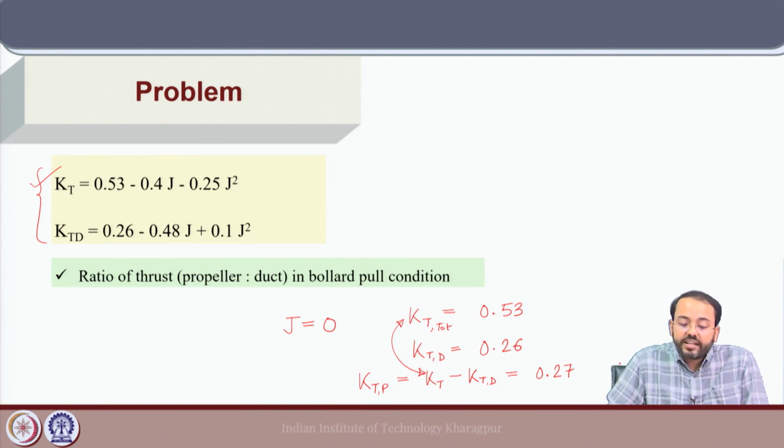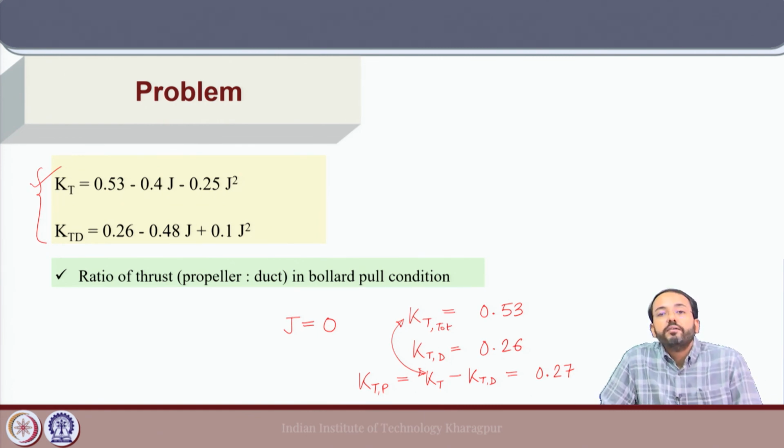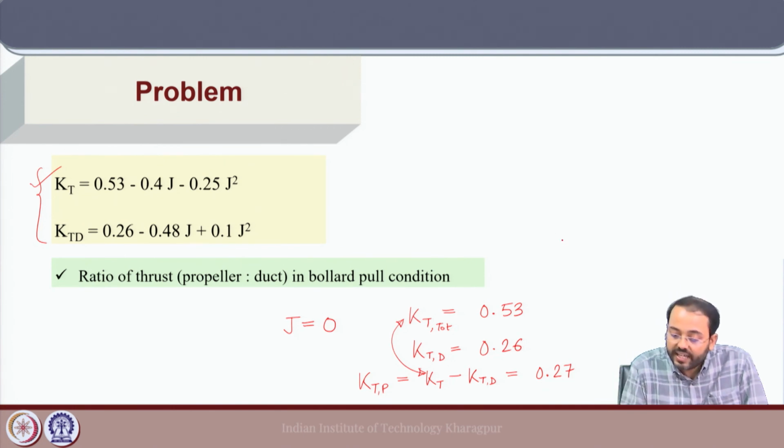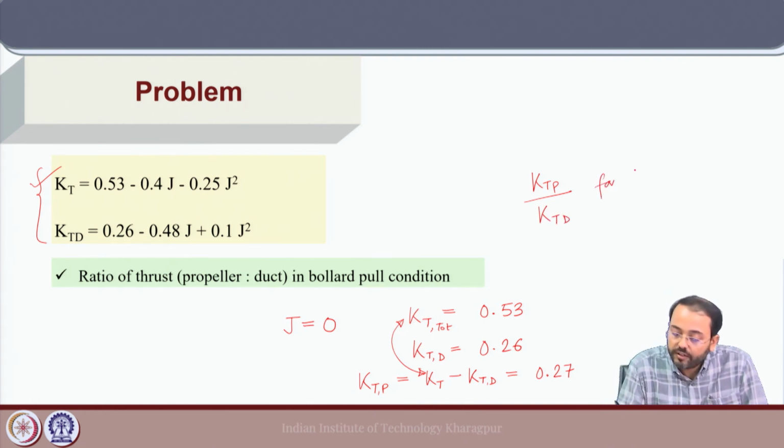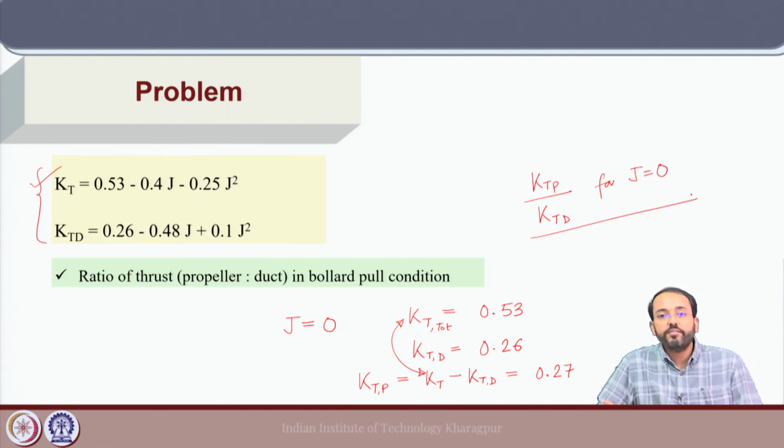So, we can get the ratio of the propeller and duct thrust as Ktp by Ktd for J equal to 0 can be calculated from this part.